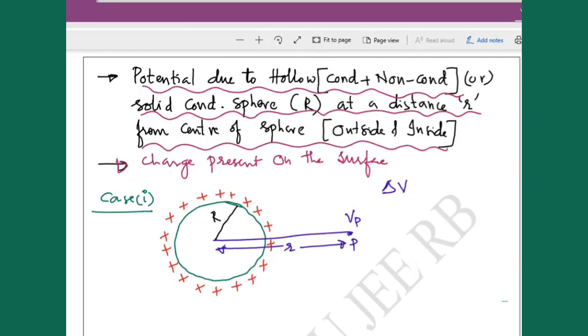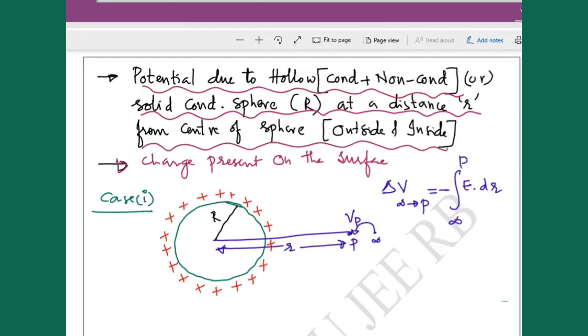So delta V from infinity to point P is equal to the negative integral of E dr. I am bringing a charge from infinity to the point P.